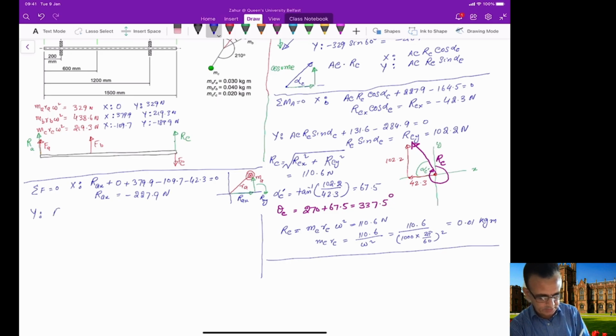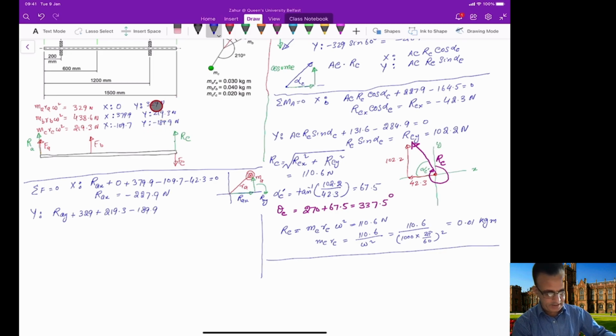And similarly, you will apply the same condition in the y direction here. In the y direction, you will have RAY, which is this force here, which will be due to the balancing mass that you will add to A. And now in addition to RAY, you have these three forces here and one force here. So which is 329 positive. Then you have 219.3, and then you have minus 189.9.